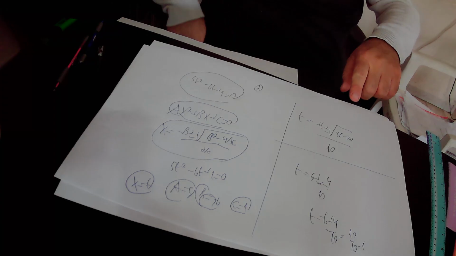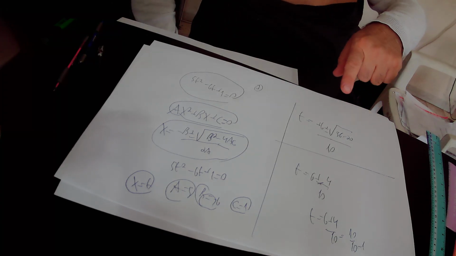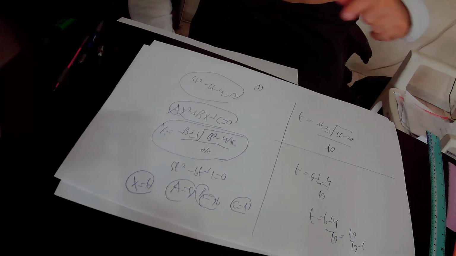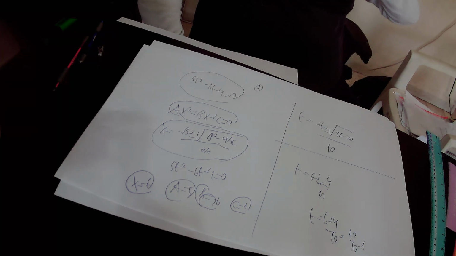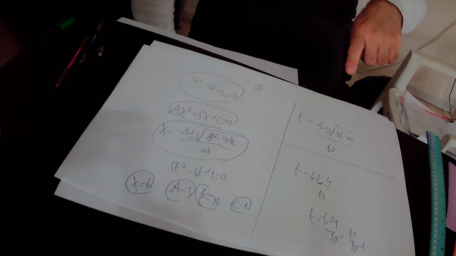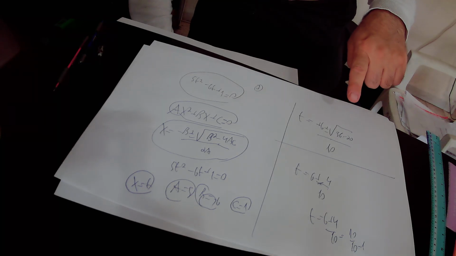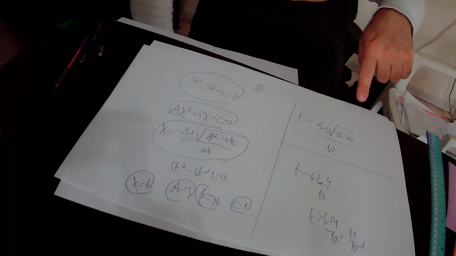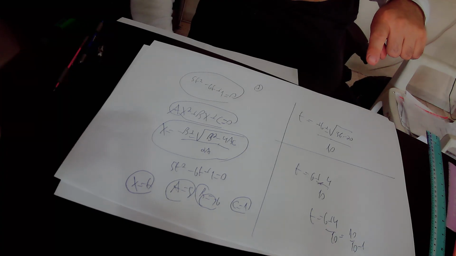So inside the root we have 36 minus 20, divided by 2a. a is 5, therefore 2a is 2 times 5, that is 10. So t equals 6 plus minus the square root of 36 minus 20, which is 16, and the square root of 16 is 4, divided by 10.